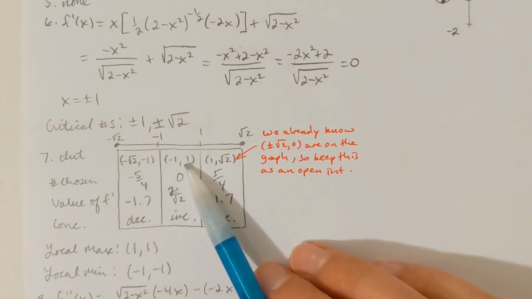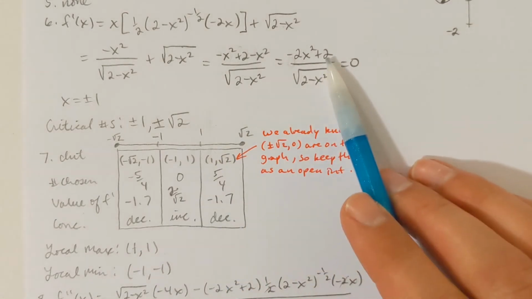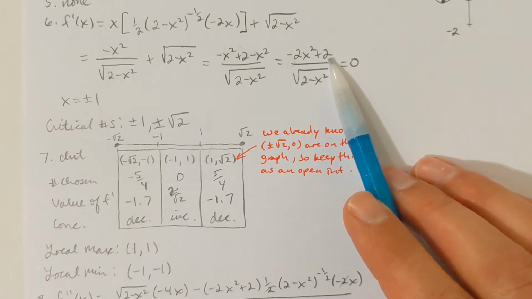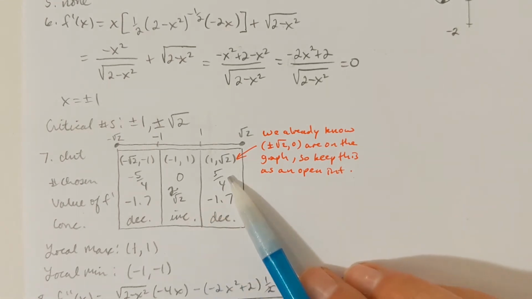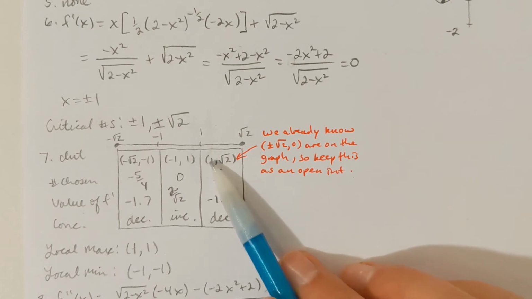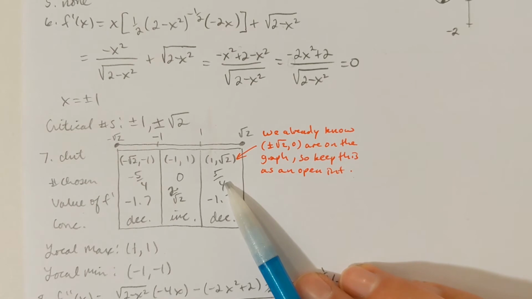Okay, and the next interval, 0, is between negative 1 and 1. If I plug in 0 into f prime, I'm going to have 2 divided by root 2. That's a positive number, so I'll be increasing on that part of the graph. And then for the last interval, we need a number between 1 and 1.4. 1.25 would be a good number to use, or 5/4.